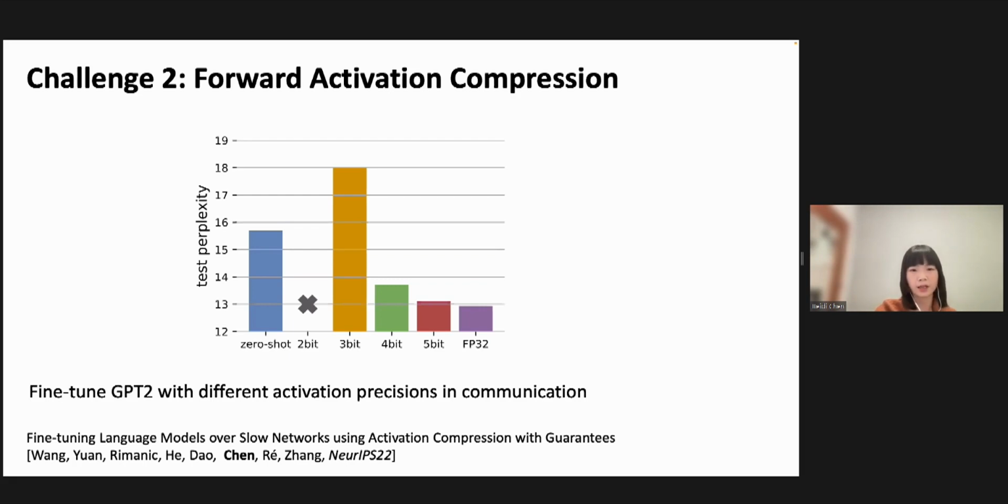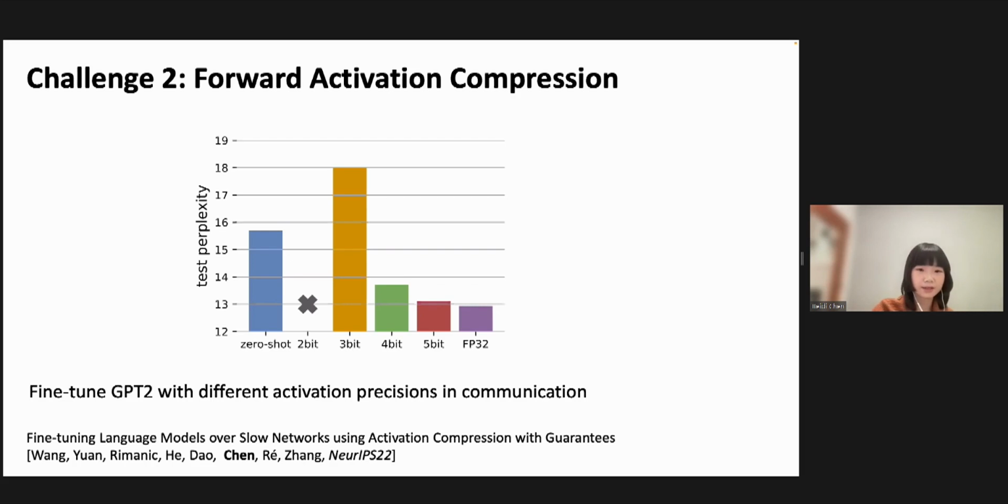Theoretically, simply compressing these activations in a stochastically unbiased way will lead to biases in the gradients that cannot be measured easily or expressed in closed form. In other words, it's going to affect the training accuracy a lot.